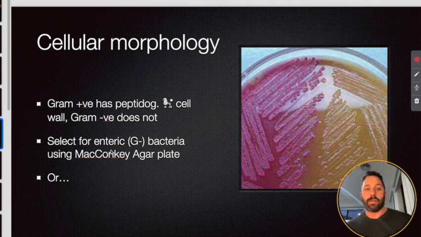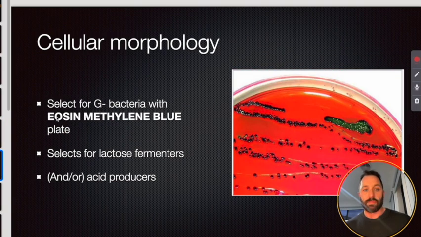So if we select for enteric bacteria from the intestines and things like that, which are generally going to be anaerobic, don't require air to grow, we're going to use a McConkey agar plate, which is pictured here, or we can use a plate called eosin methylene blue, which selects also for gram negative bacteria, and also selects for lactose fermenters, which we spoke about earlier. So we've got a gram negative, and also we've specified that it's a lactose fermenter or an acid producer.